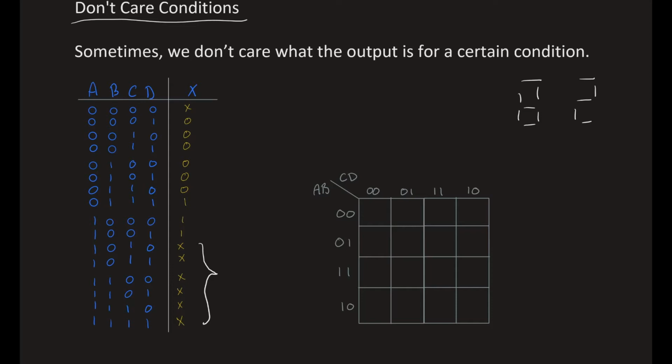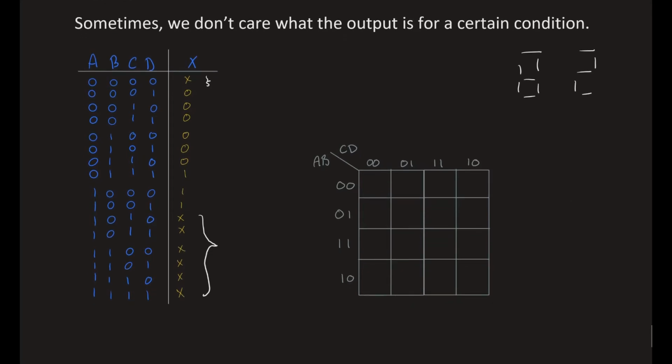They can happen, whatever. And there's lots of different systems that we build where, because we're forced to have powers of 2, we may only need the first 10 values. And so what a don't care condition means is we don't care what the output is. Just to make it more interesting, I also said I don't care about what this output is. So when we don't care what the output is, let me show you how we build this.